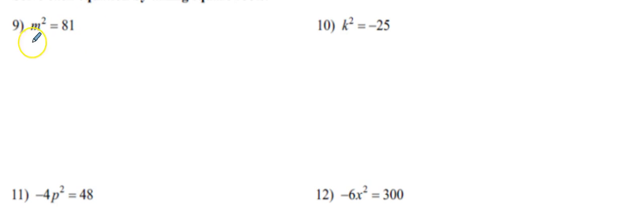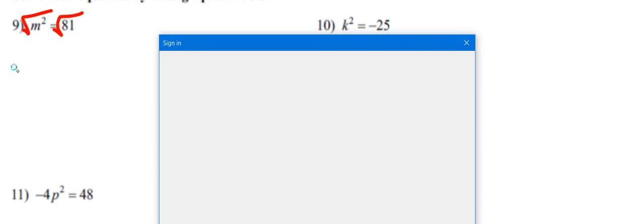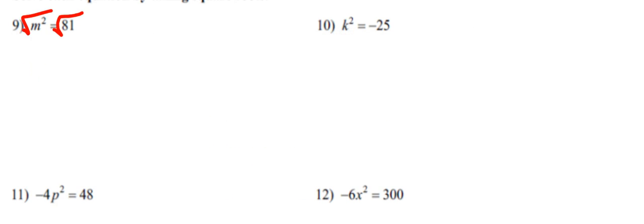My first step is to take the square root of both sides. When we do that, we end up with these two square roots. So now the square root of m squared is simply m.